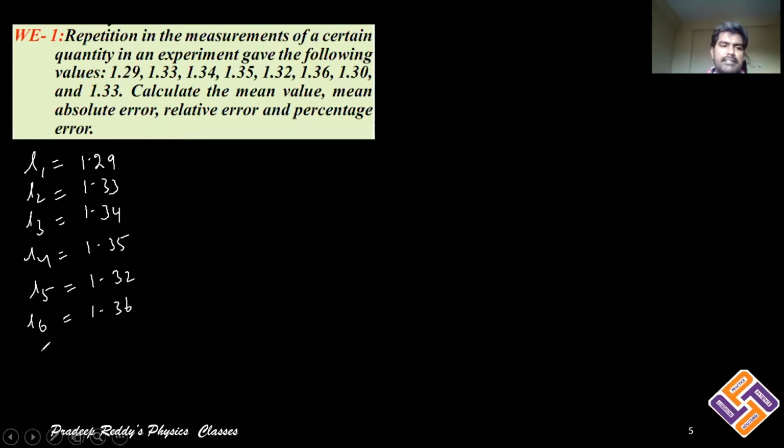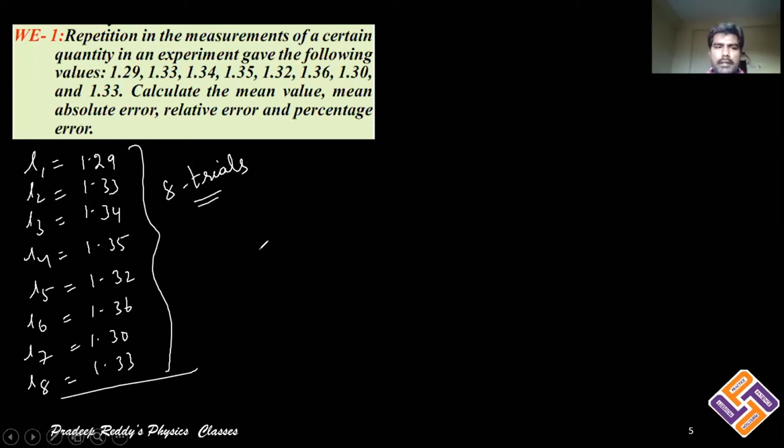L1 is equal to 1.29, L2 is equal to 1.33, L3 is equal to 1.34, L4 is equal to 1.35, L5 is equal to 1.32, L6 is equal to 1.36, L7 is equal to 1.30, and L8 is equal to 1.33. So totally how many trials are you making? 8 trials.